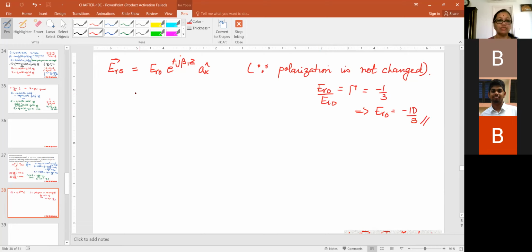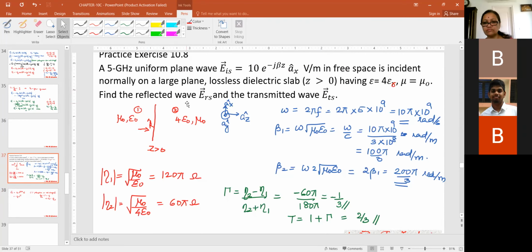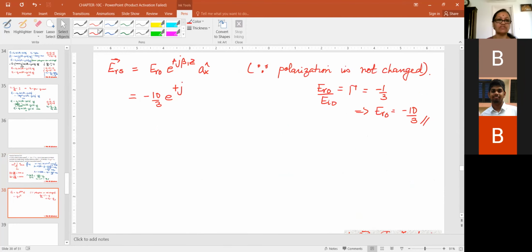So now put that here. It becomes minus 10 by 3 e to the power of plus j beta 1 z. What was beta 1? Beta 1 was 100 pi by 3. So 100 pi by 3 z ax cap, and the unit is volts per meter.